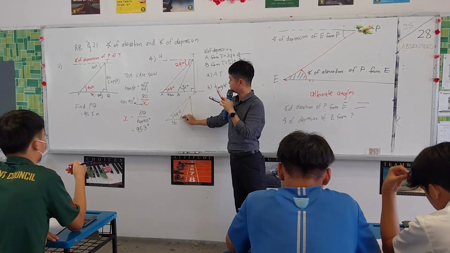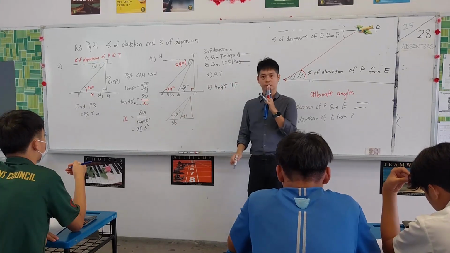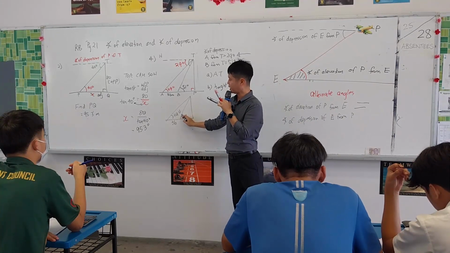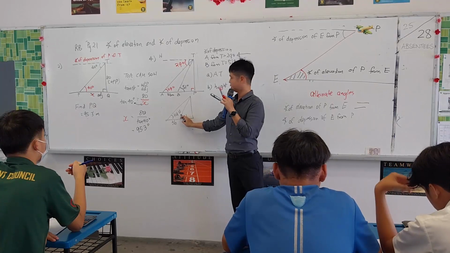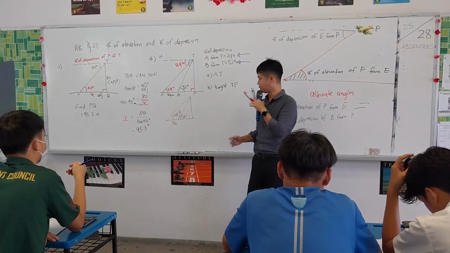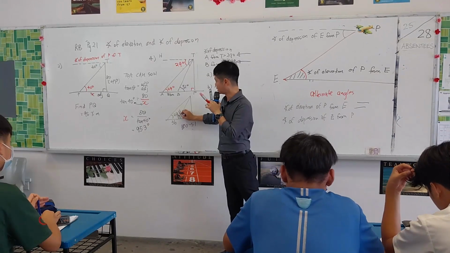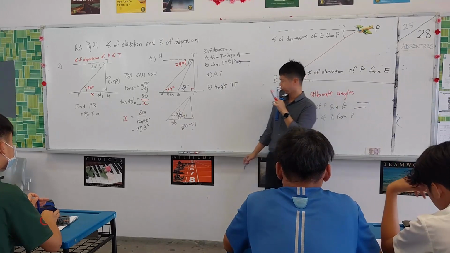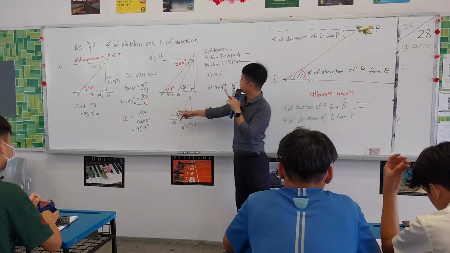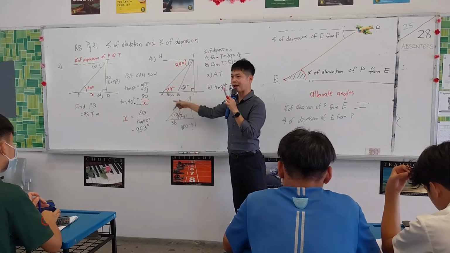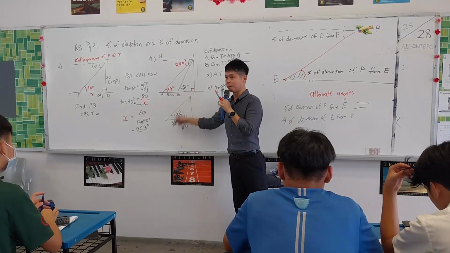Here is 51. So now I can find the other angles here. So 180 minus 51, what angle are we getting? So this angle here is 129.